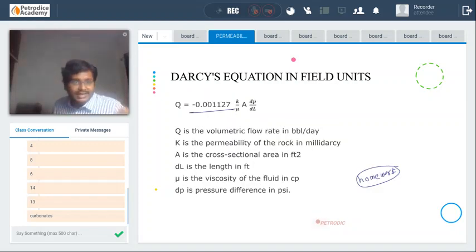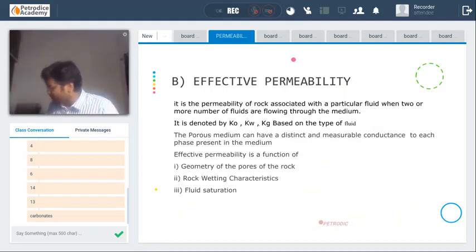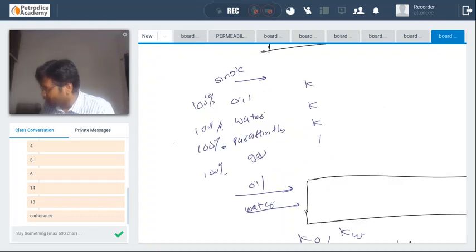So the direct application of Darcy's law for the whole formation when two fluids are flowing will give us inaccurate answers. That is why the effective permeability is defined.